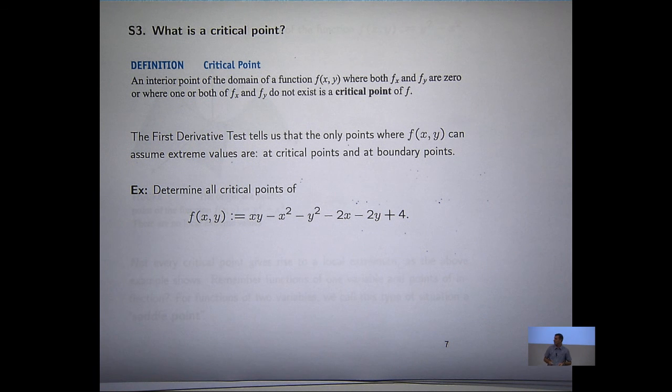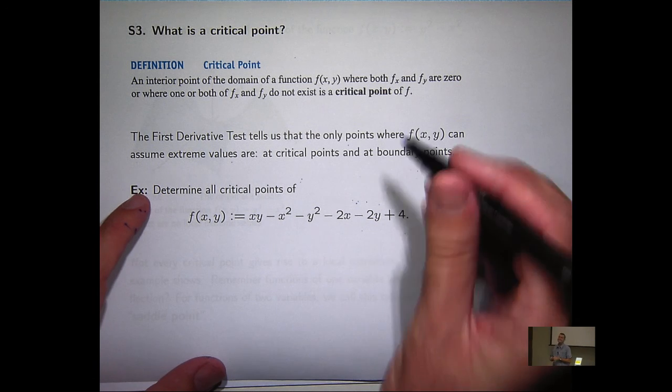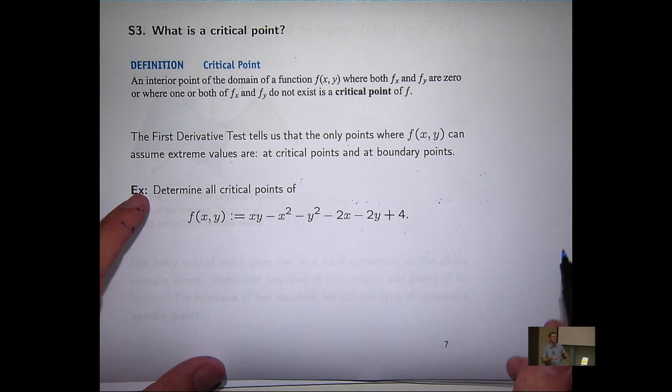Okay, so let's move on to talking about critical points. Now, from a computational method point of view, this slide's very important. We define a critical point of f in the following way.